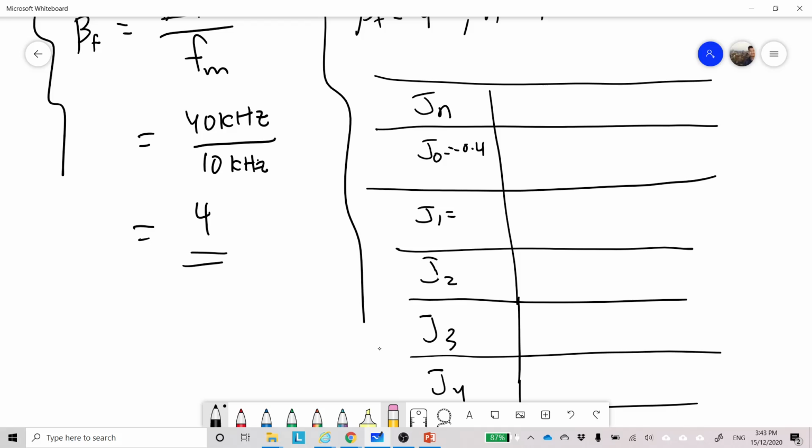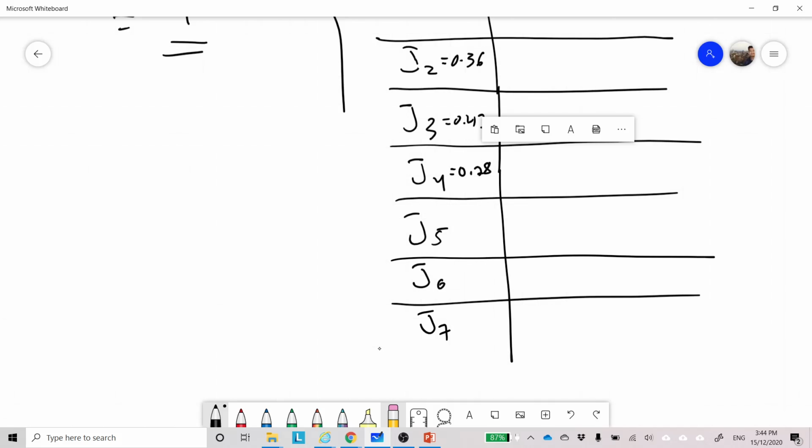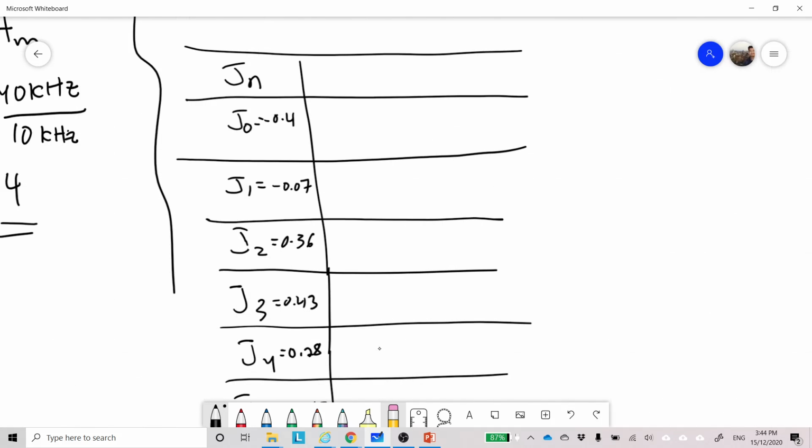J1 sama dengan minus 0.07. And then J2 is 0.36, 0.43, 0.28, 0.13, 0.05, 0.02. Okay.